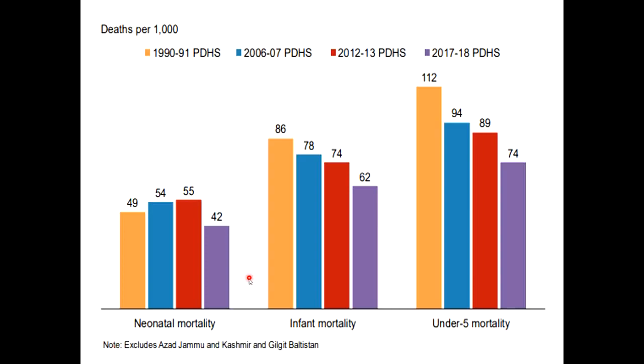So this is the area where we should focus, and neonatal mortality can be reduced by providing appropriate services to the mother during the antenatal, intranatal, and postnatal periods, and also by targeting neonatal care services as well.